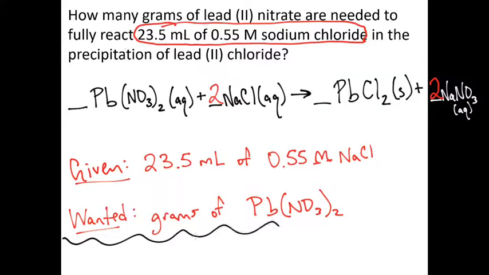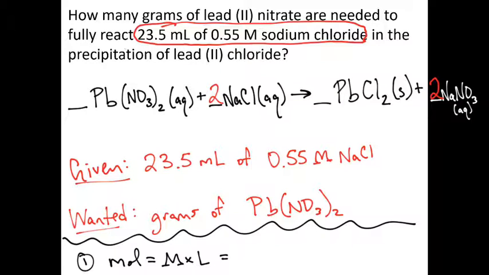All right, so I'm going to try to squeeze in step 1 at the bottom of the screen here. Step 1, I want to use this. Moles equals molarity times liters. I'm going to move this decimal 3 places to the left there, so it's liters instead of milliliters. 0.0235 liters times 0.55 molar.